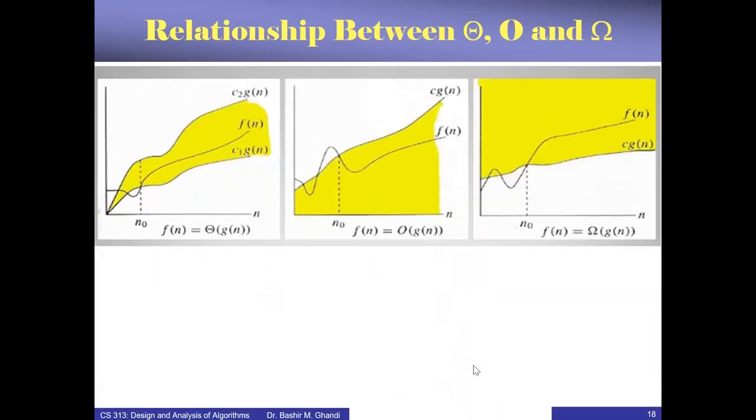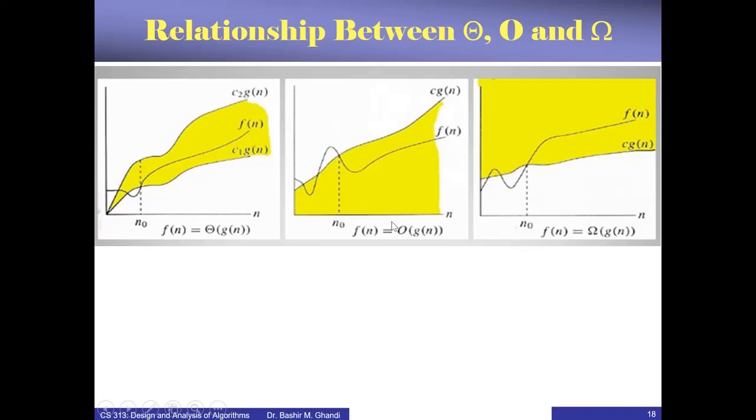Now the relationship between the three: from what I have explained so far, you should be able to deduce it, but we will say it explicitly here anyway. These are our three graphs that we have already seen below. In the case of theta, f(n) is bounded both above and below by some constant multiple of g(n), so they grow at exactly the same rate.